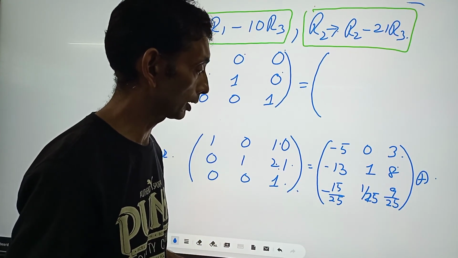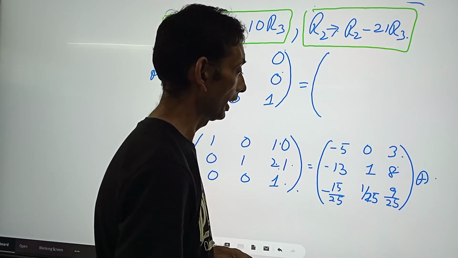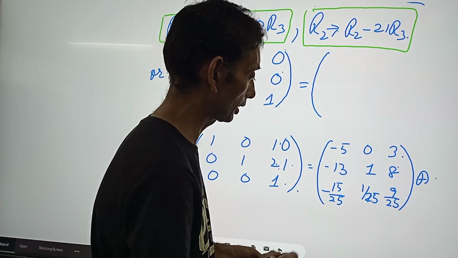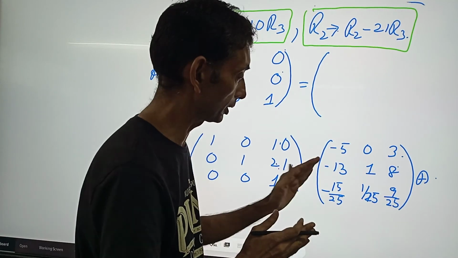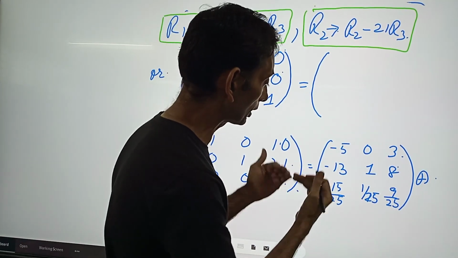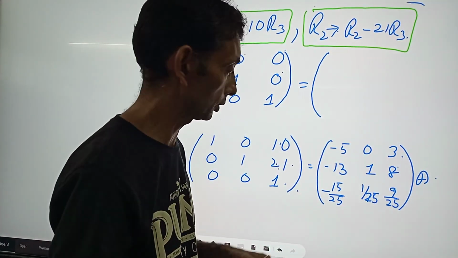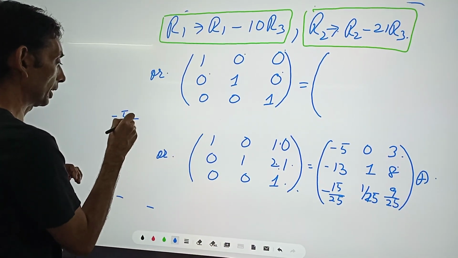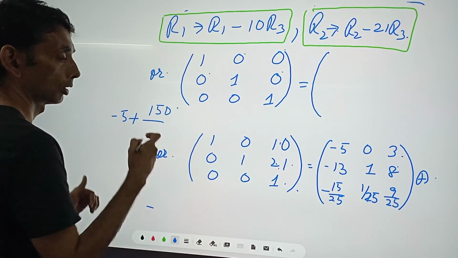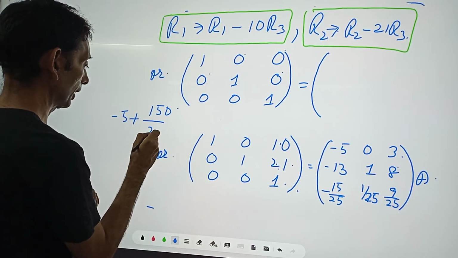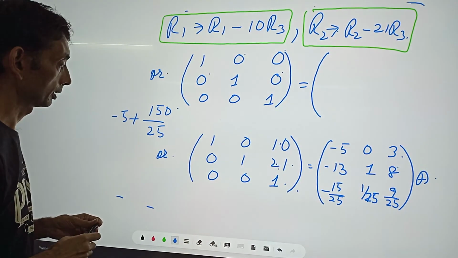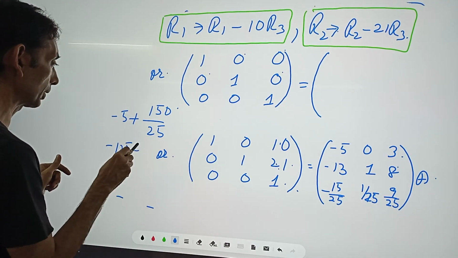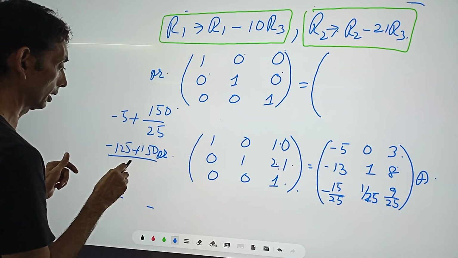If you multiply by 10, it will be 150 by 25, and that you need to add with minus 5. So altogether it will be minus 5 plus 150 by 25. That is, this will be minus 125 plus 150 by 25.